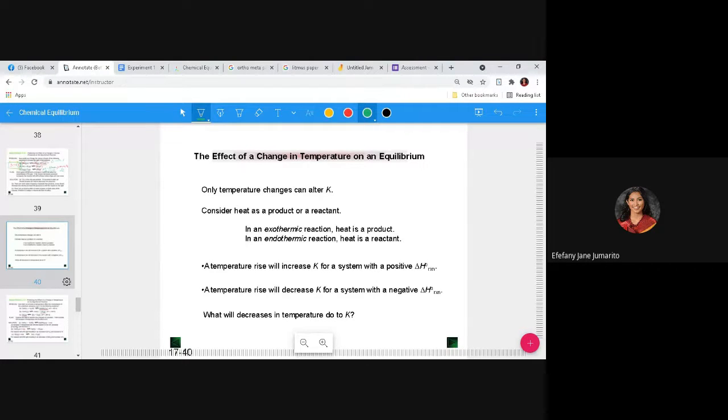So if we add catalyst, it will move forward. Okay, let's look at that.